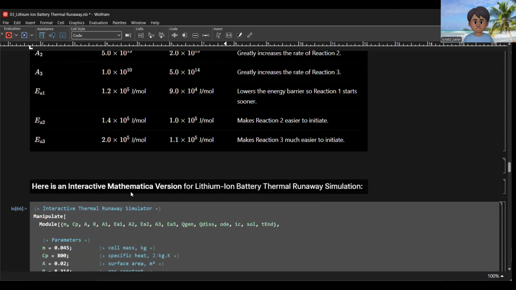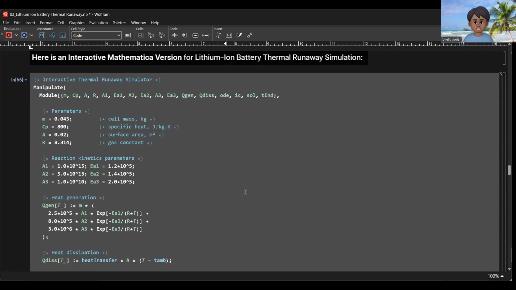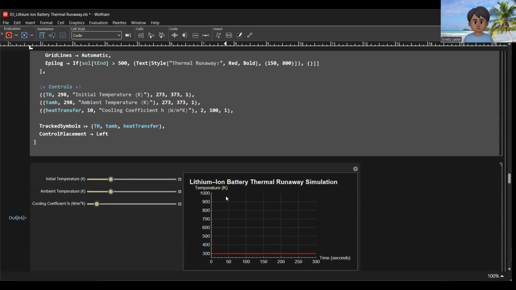Now here is an interactive mathematical version for lithium-ion battery thermal runaway. So here, we can increase the initial temperature, and we can also increase the ambient temperature. And the cooling coefficient, we can also increase here.